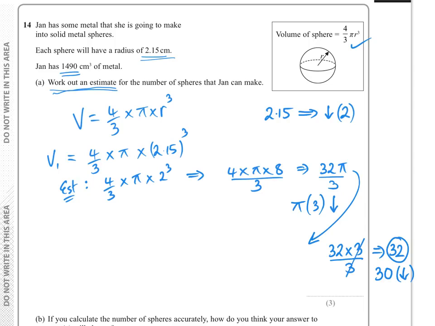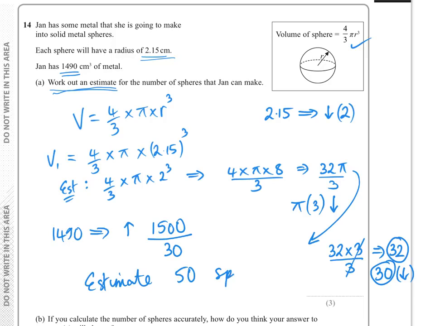Now I've got, well, Jan has 1,490 centimetre cubes of metal, so 1,490, I'm going to round that up to 1,500, and then I'm going to divide that by the 30 here, which gives me an estimate of 50 spheres, because I can cancel these by 10 top and bottom, and 3's into 150 is 50.